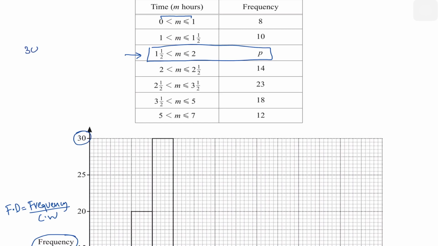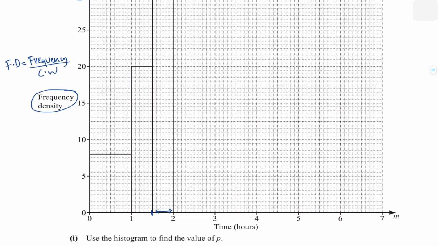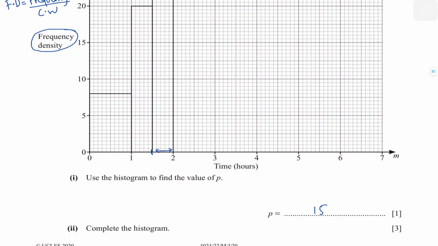So 30 should be equal to the frequency, which is P, divided by the class width, the difference between 1.5 and 2, which is 0.5. With this I can figure out P. P is equal to 30 times 0.5, which gives me 15. So the value of P is 15.